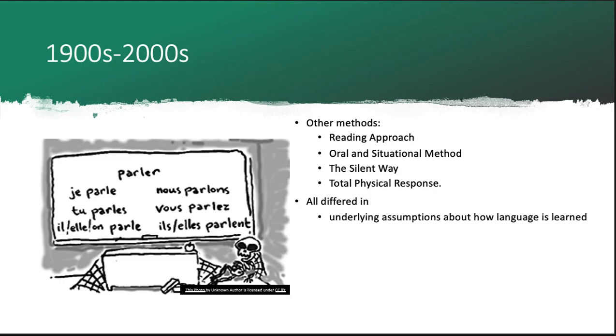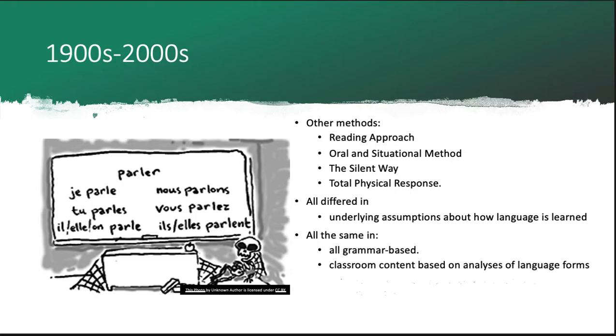All, however, continued to base their approach in grammar, the structure and form of the language. All included an analysis of things like verb tenses. None of them focused primarily on real-life communication.